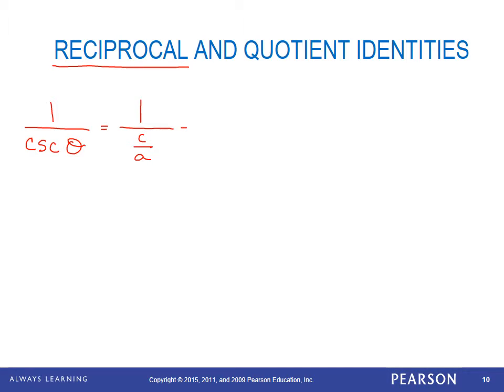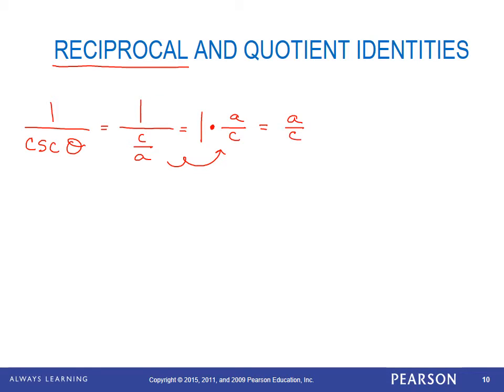If that's the case, in order to simplify this, don't we really just take the reciprocal and multiply?